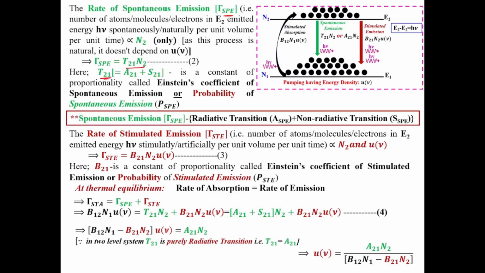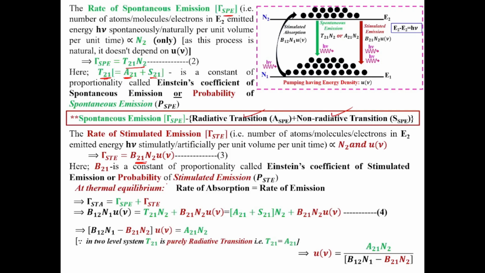Here T21 represents probability of spontaneous emission, which is the sum of A21 plus S21. A21 represents radiative transition and S stands for non-radiative transition.